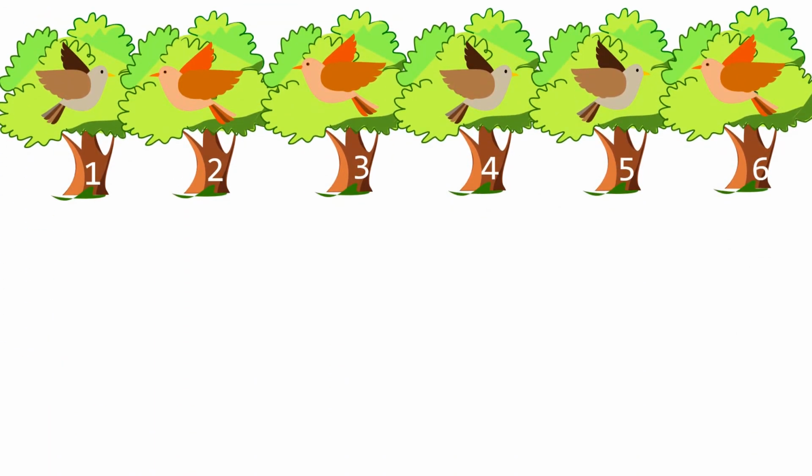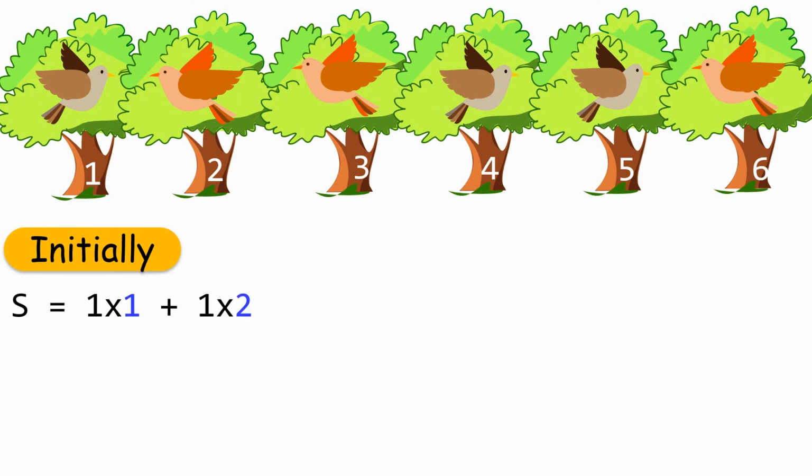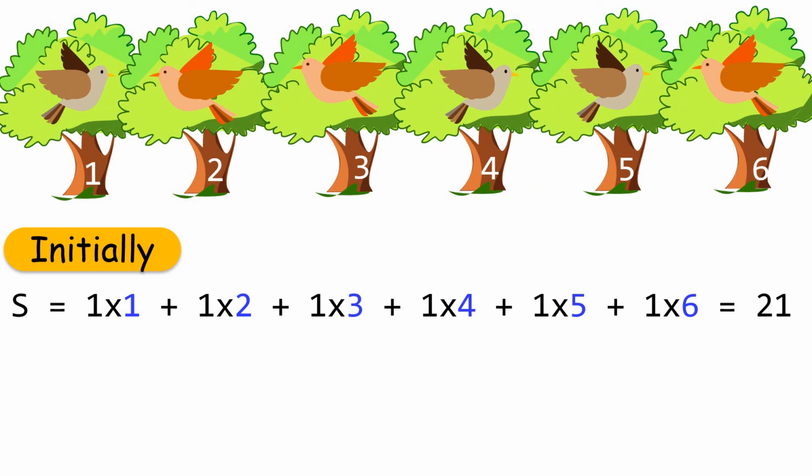I calculate the value of S as follows. Initially, S is equal to 1 into 1 plus 1 into 2 plus 1 into 3 plus 1 into 4 plus 1 into 5 plus 1 into 6, equal to 21.